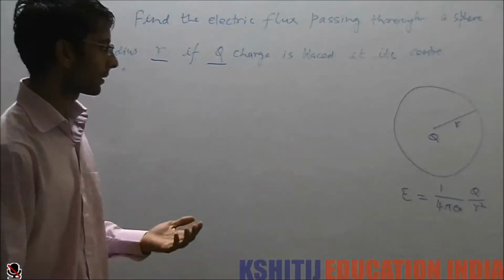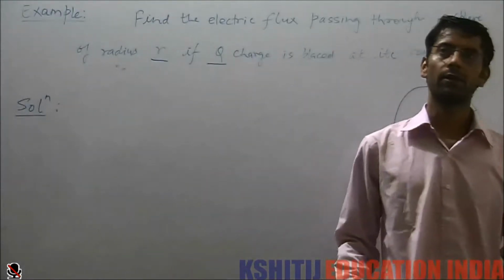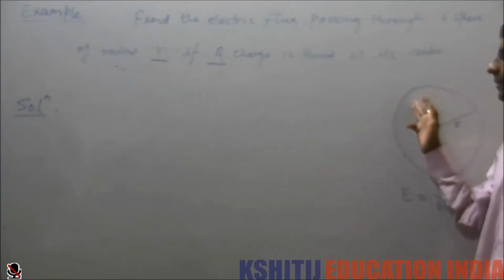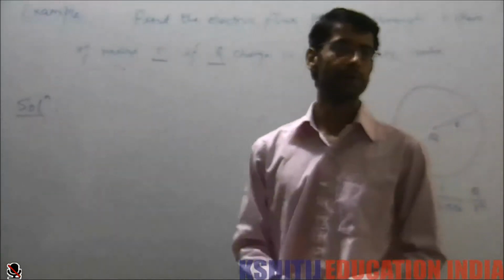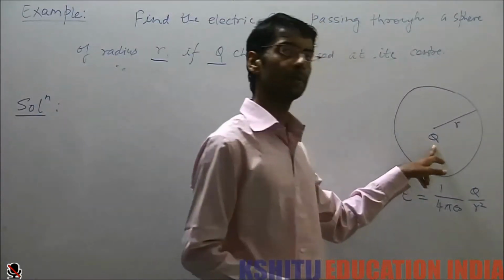Now, one more point: what will be the direction? Of course, at all points on this surface we will not have the same direction for this electric field. It goes directly out or in depending upon the sign of the charge.